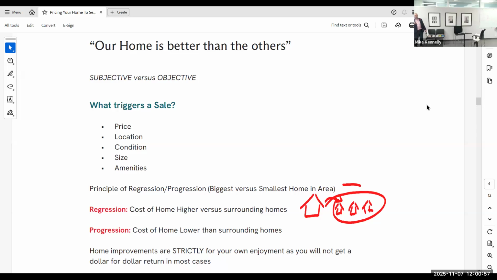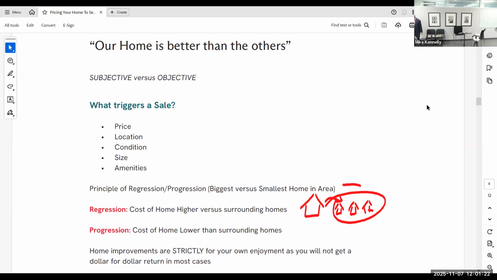But I want you to remember by saying the bigger house that they have, in actuality, because they're in a neighborhood where, say their home's a 3,000 square foot home, but all the other comparables in the neighborhood are 2,000 or 2,400, 2,500. The principle of regression draws that house down. Okay, that's what it's doing.